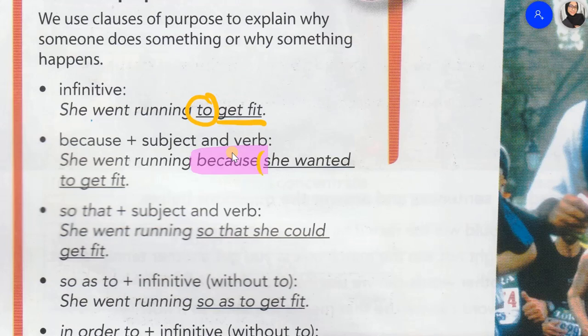So this is the subject. Because she, subject, and verb. Where's the verb? Here is the verb, followed by infinitive. Here, this is the infinitive. So we have because, subject, and then verb.